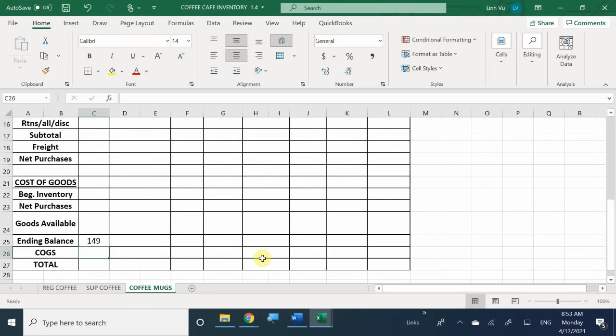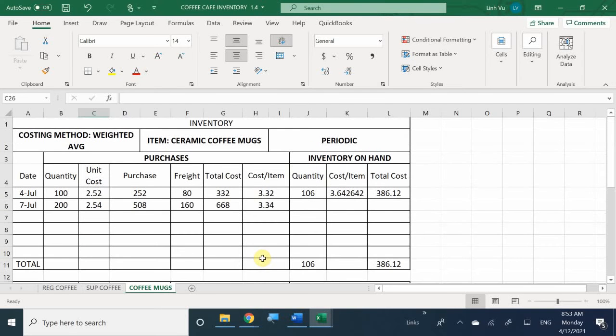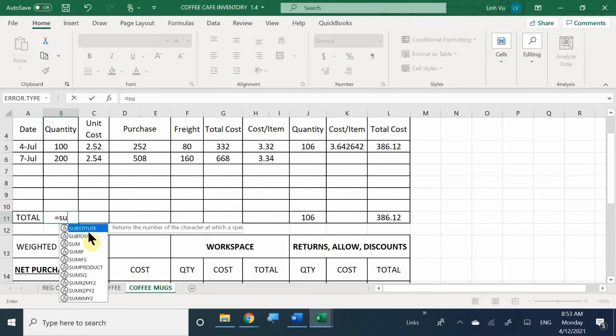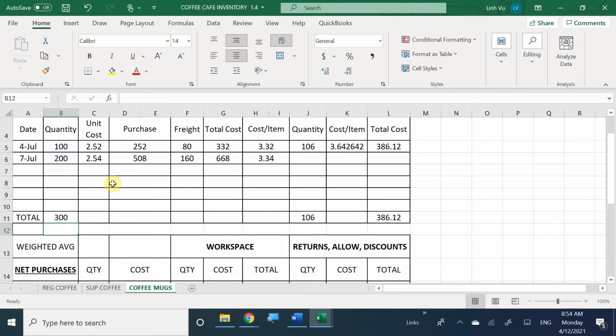Now let's go ahead, since it's the end of the month, we're going to go ahead and equal up my columns. So how many cups did I purchase overall? 300. We purchased 300.